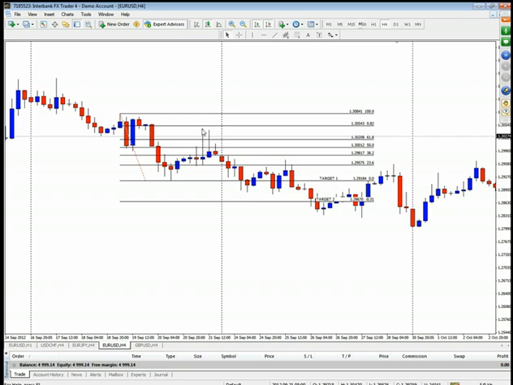Well, as you can see, it almost went to the 82% level here, but pulled back. So it would have scared you here because your stop would have been about 5 pips above this 82 or the swing high, depending where you wanted to put your stop.